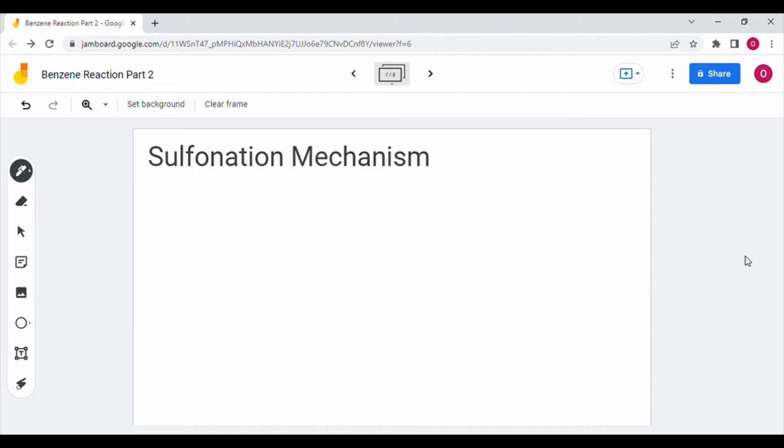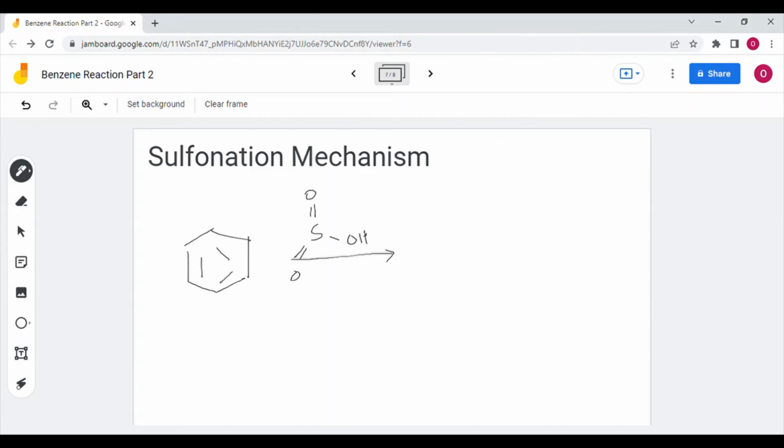So continuing on the mechanism, if we have some kind of benzene like so, and we react it with SO3H, what ends up happening mechanistically is kind of self-explanatory.